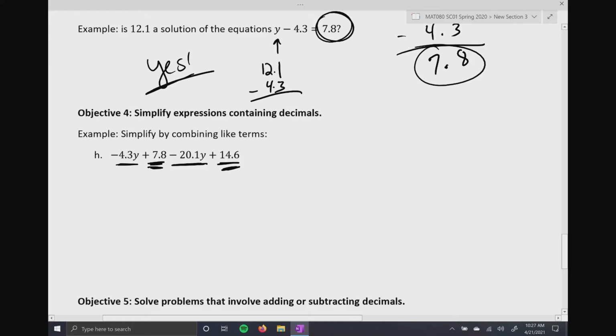So I agree. Combine like terms, I'm going to abbreviate it CLT. You definitely have to have the same variable. The question becomes, what's that second thing? Because there is another thing.